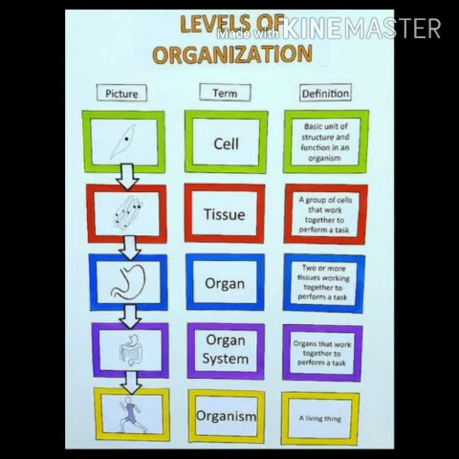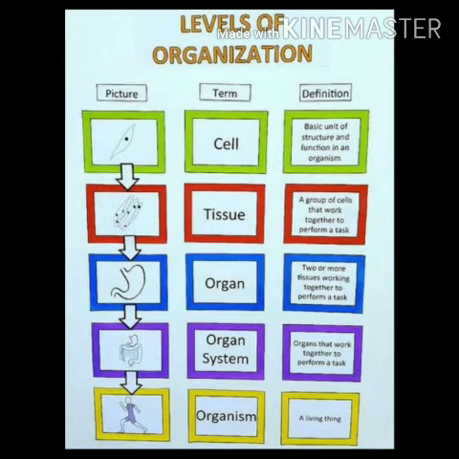So these cells, similar kinds of cells, combine together and they form the tissue. This is the first level, that same type of cells combine together and they form the tissue. Different tissues combine together and they form the organ. We have a number of organs in our body. So how does it form? With the help of a number of tissues.